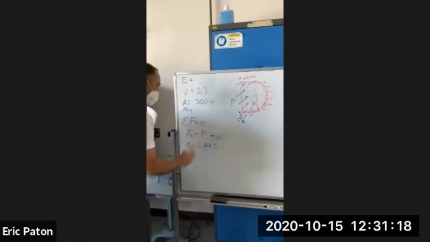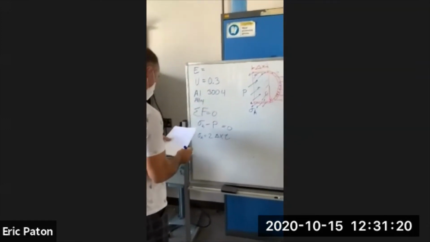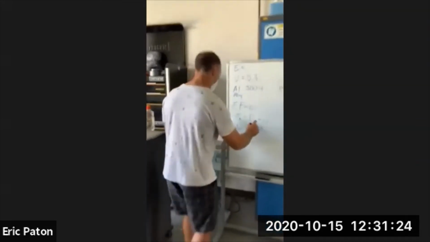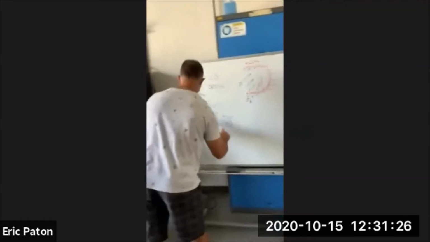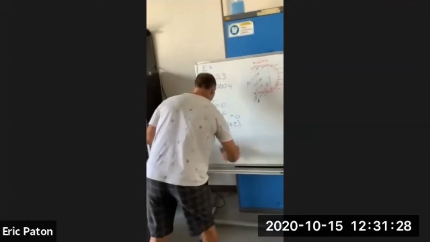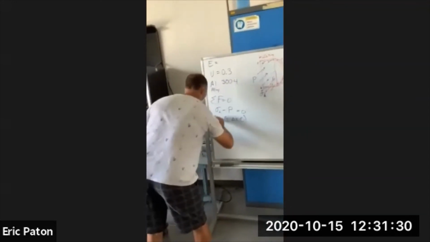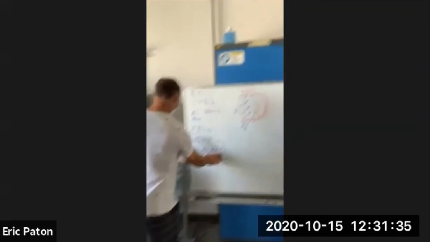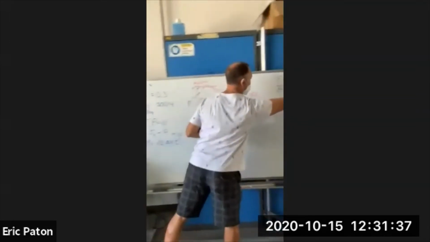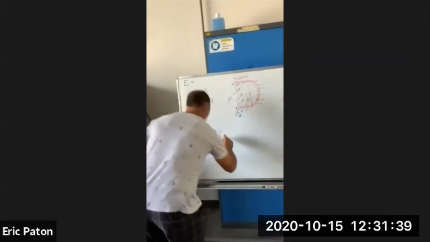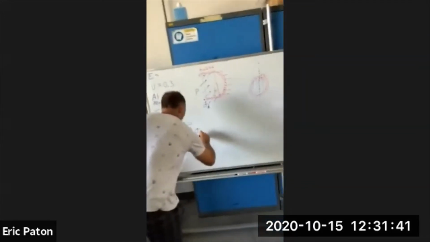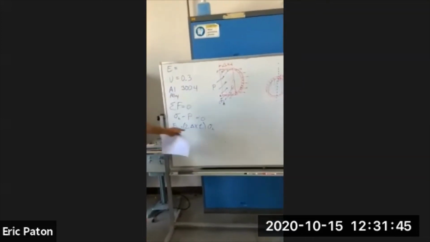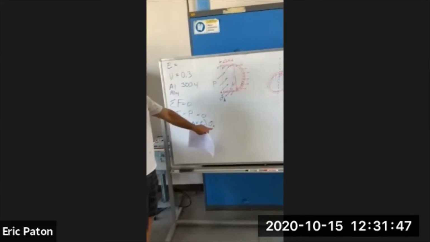And then on the other side, you have the pressure. I'm sorry, so we have to take that. This is the force in the hoop: the cross-sectional area, which is A, times the stress in the hoop. So we're going to multiply by sigma H here. So this is area times the stress.